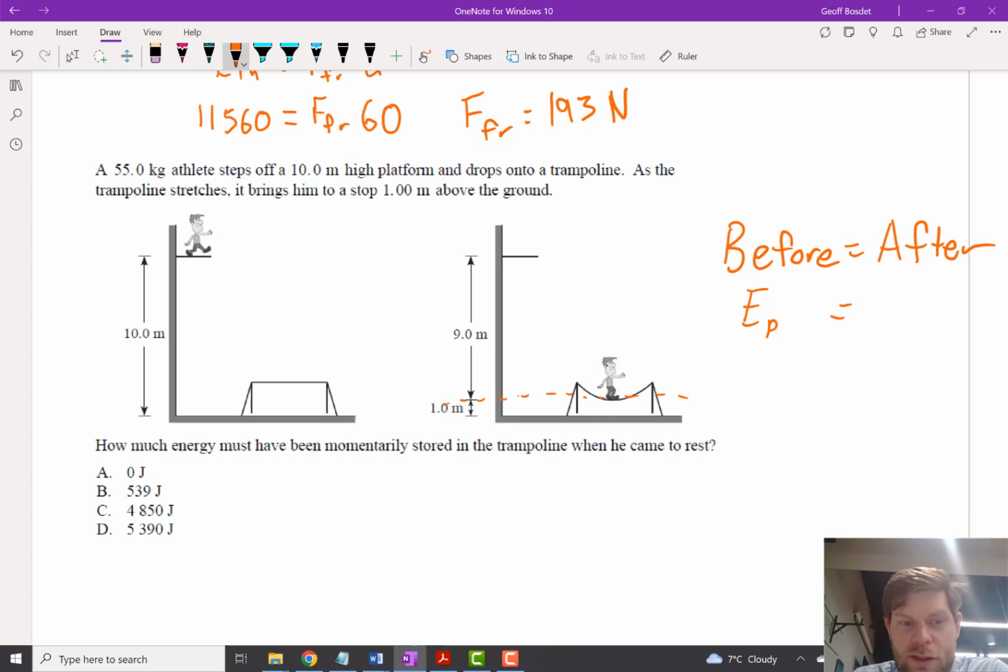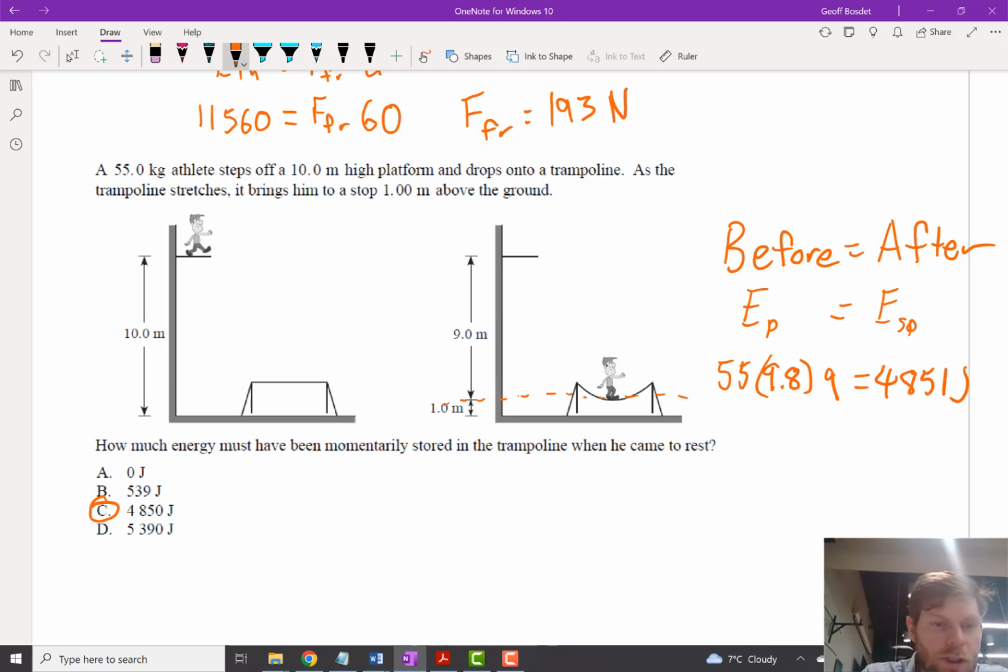Afterwards, I'm saying he's got E spring. So really, I'm just looking for mgh because that'll equal the energy stored in the trampoline at this instant. So it's just 55 times 9.8 times 9. So that's how much lower he is. Which is 4,851. Bam. Done.